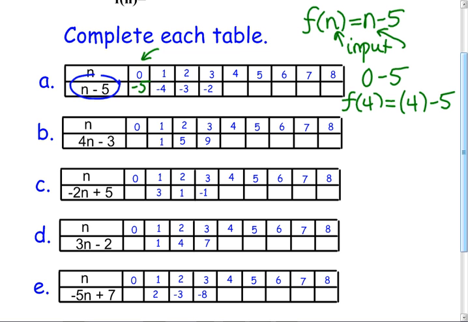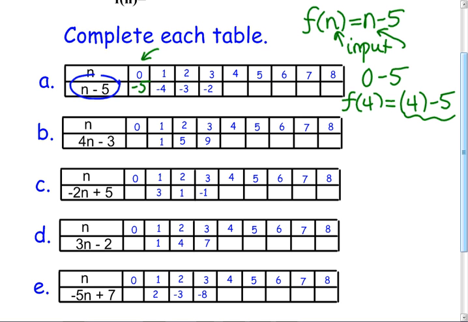I like this notation because it gives me the input and it gives me the output. And on your calculator, which we don't have at least right now, it actually uses function notation. It's called y1 of x. So it's kind of interesting. And I don't know if you know anything about that, but hopefully we'll learn a little more. Well, what's 4 take away 5?